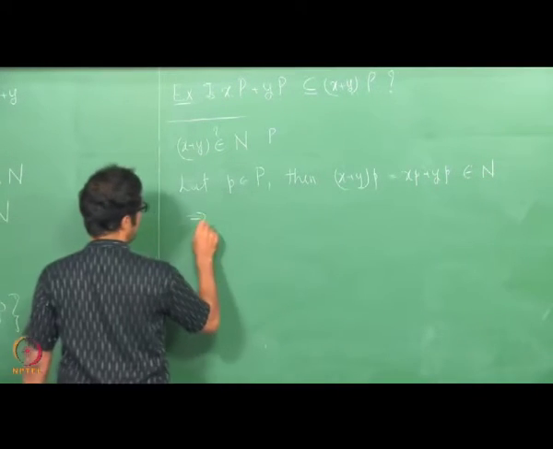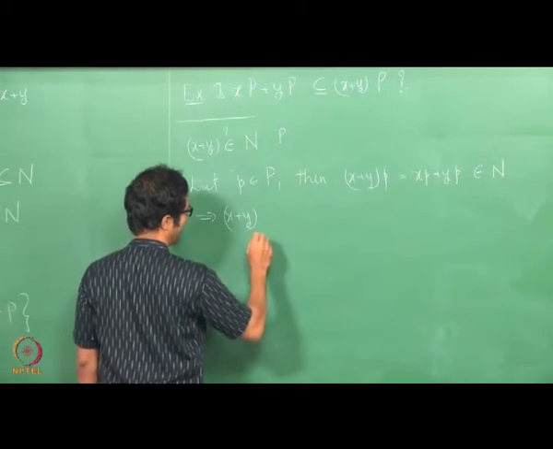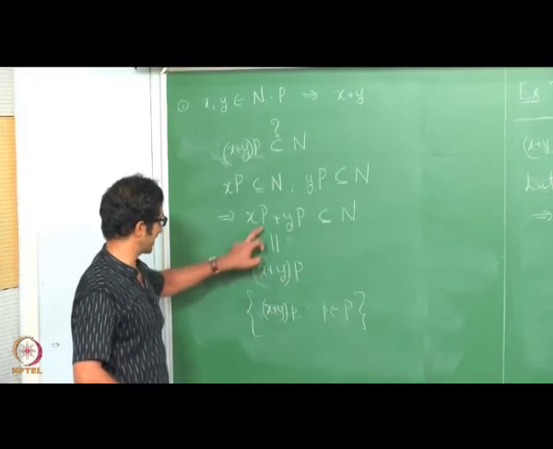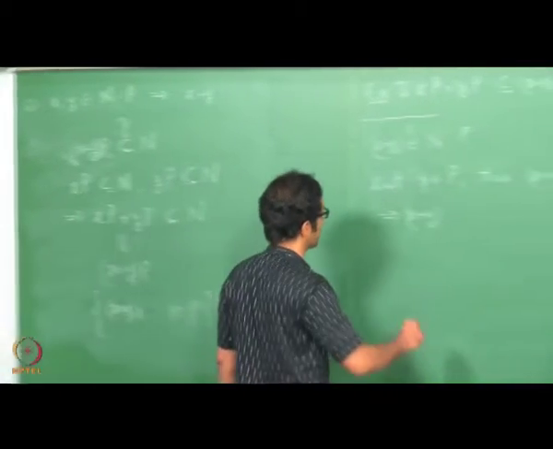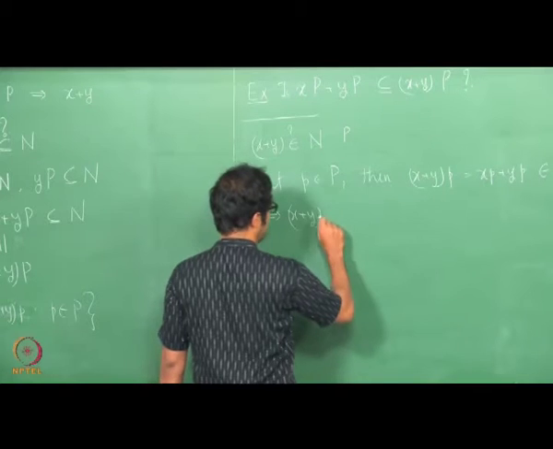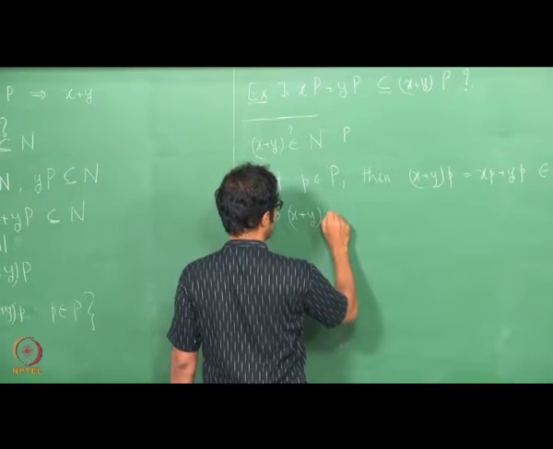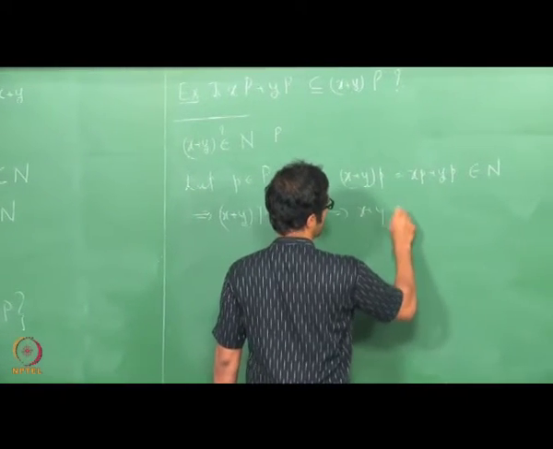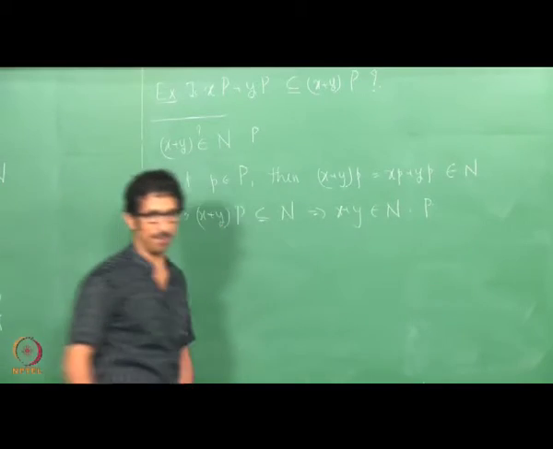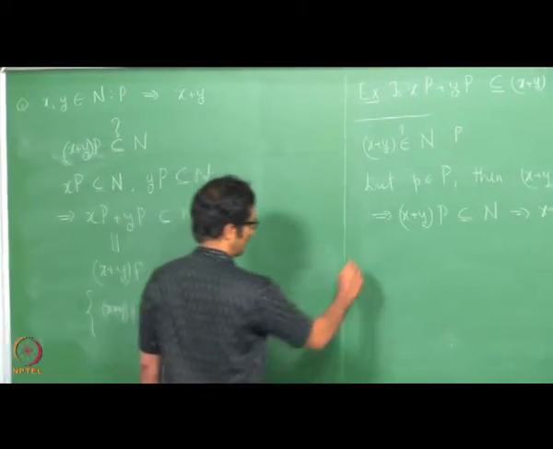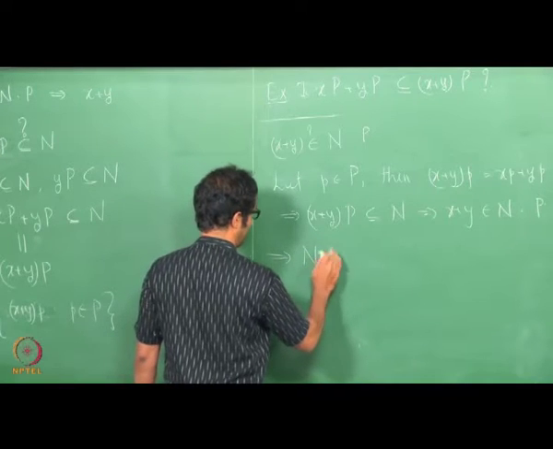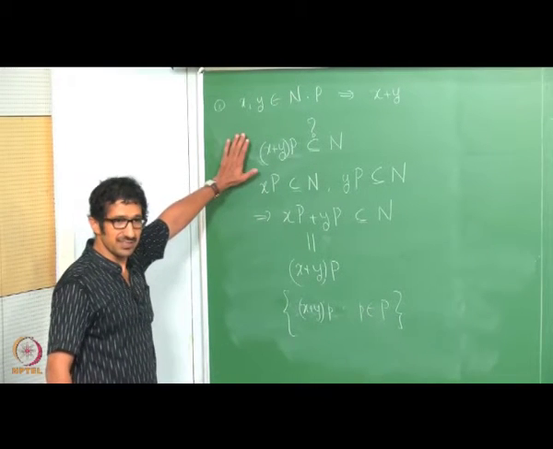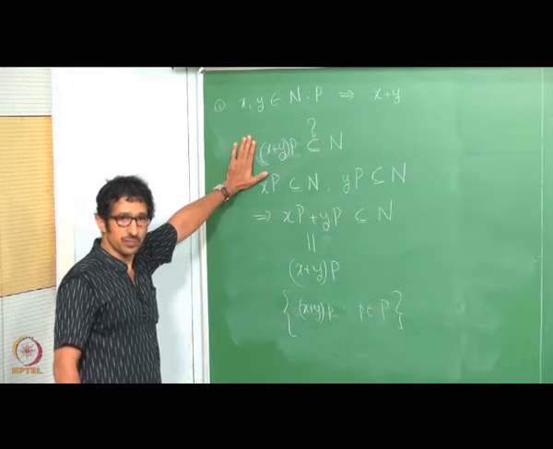So, (x plus y)P is contained in n, and this implies x plus y is in n colon p. Therefore, n colon p is closed under addition. Therefore, this is an abelian group.